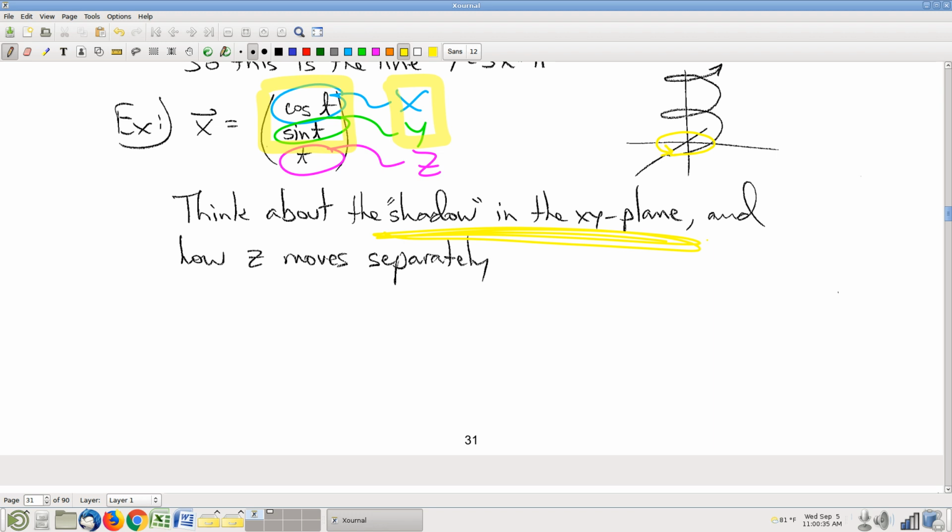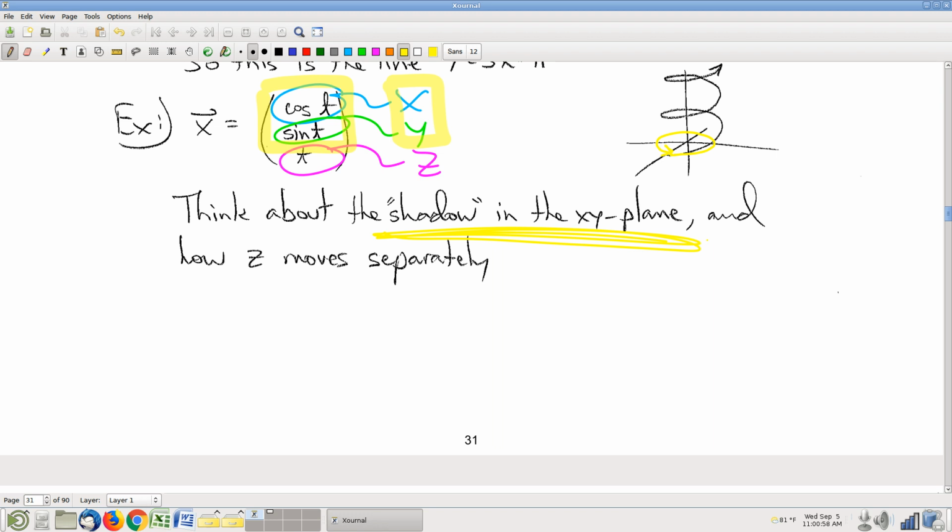Now you can piece it together. This requires a little bit of 3D visualizing, but here's the idea. I know that this curve I'm looking at, its shadow is doing this, and the z coordinate is slowly rising at a constant rate.